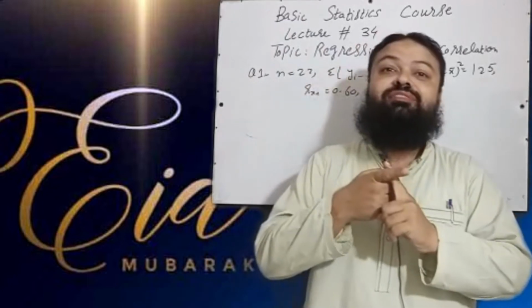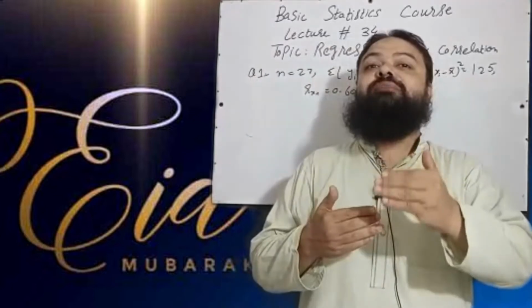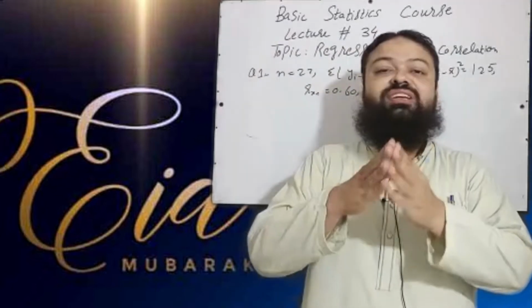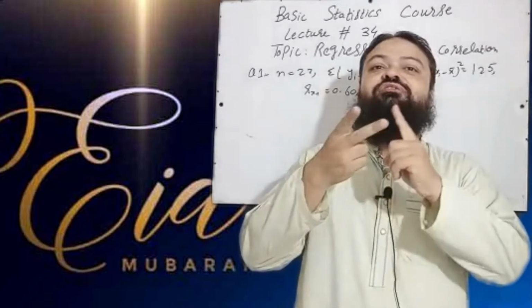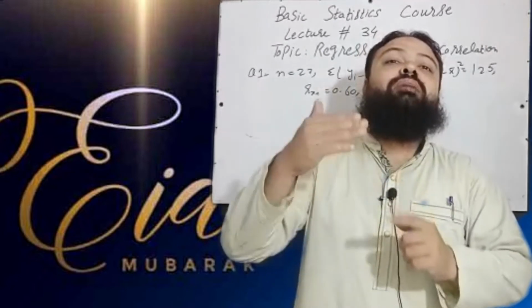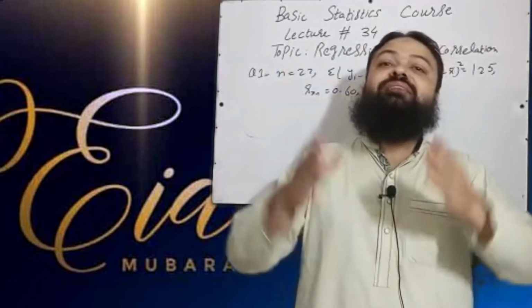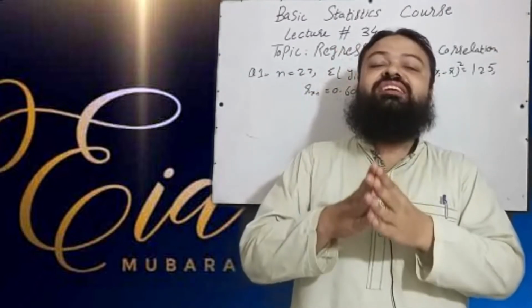Question number 5, in a multiple regression model, the independent variables are introduced based on whether Student's t statistic, Fisher's F statistic, Pearson's r statistic or Mallows' Cp statistic, and many other important questions will be discussed in today's lecture.